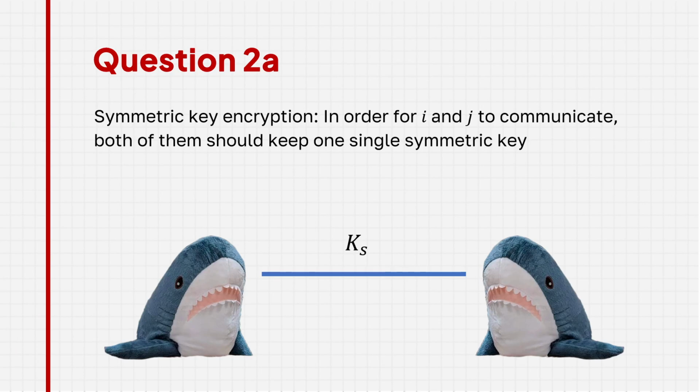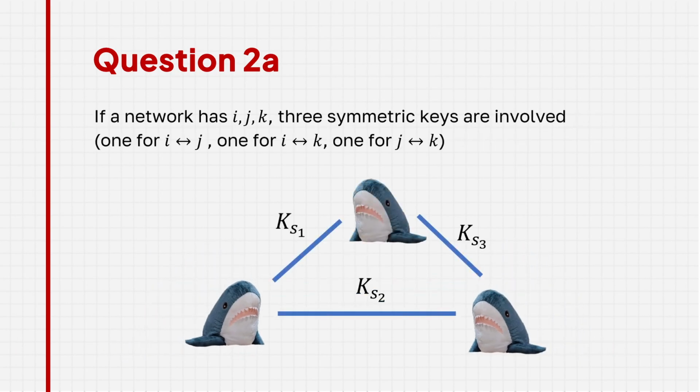Who says two? Who says three? Why is it three? It's a triangle, right? So if you have three people, you put all three people here, then you see how many links you need. Each link will need one specific symmetric key. Or rather, we usually call it the session key also. So each link would be one KS.